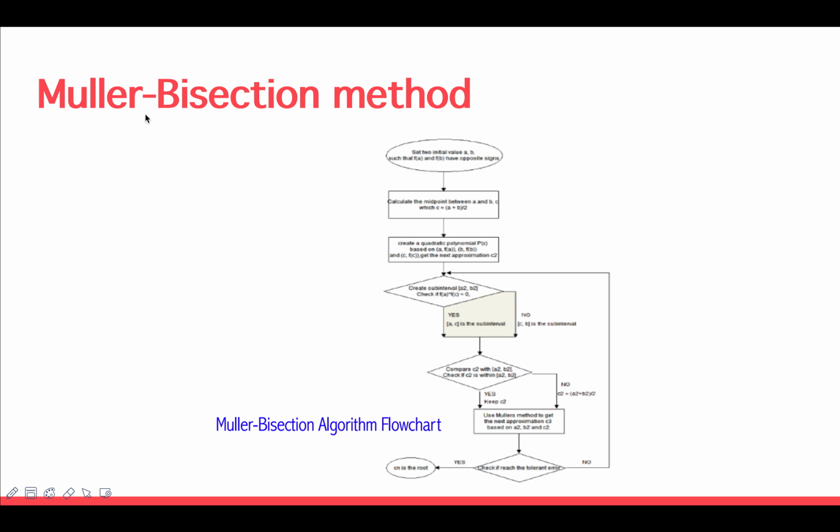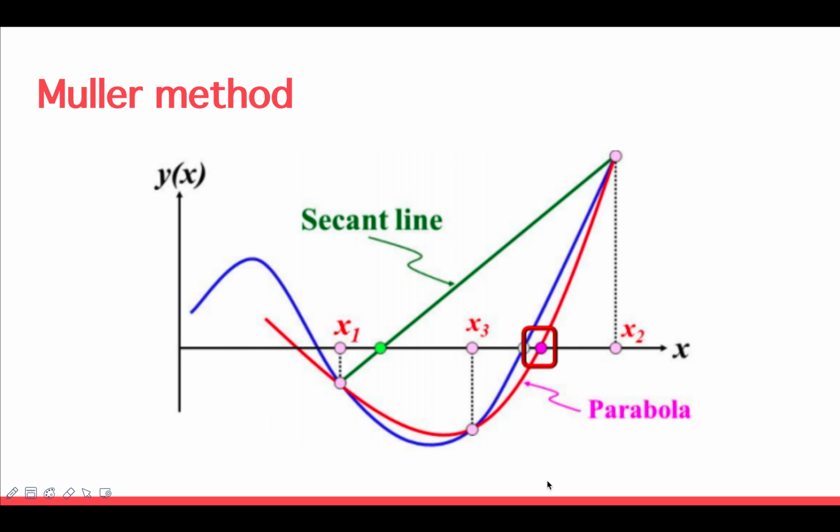You connect the Muller method and the bisection method. It first uses the bisection method to do the yes-or-no check, and then you use the Muller method to do the next step, and you do these two methods together in a loop to get the result.